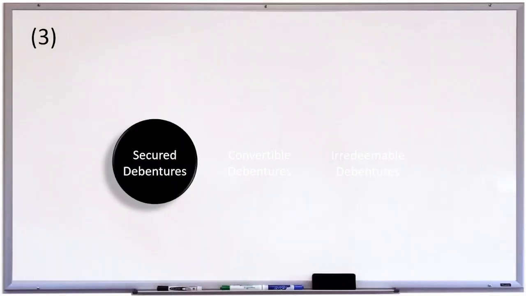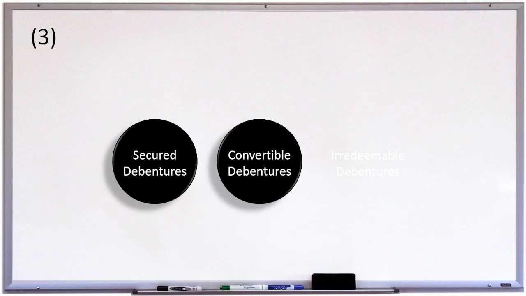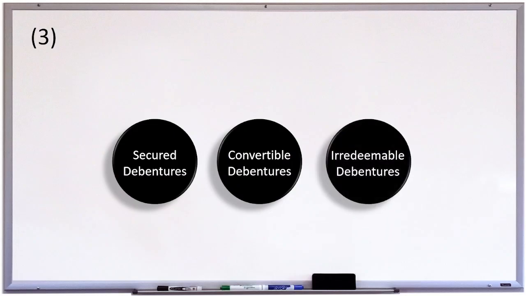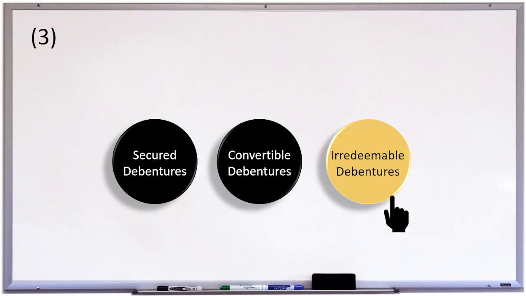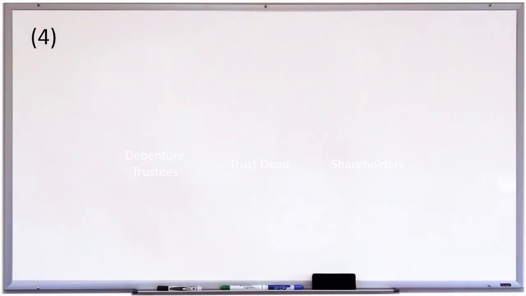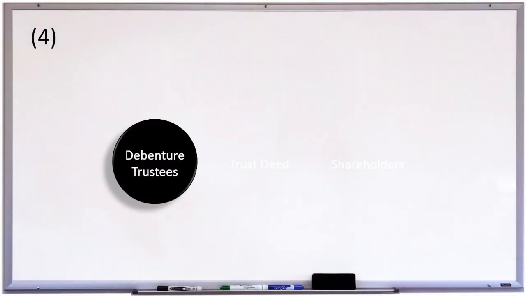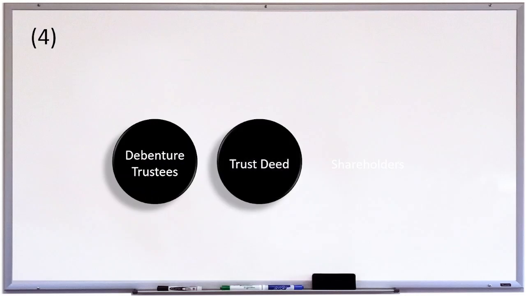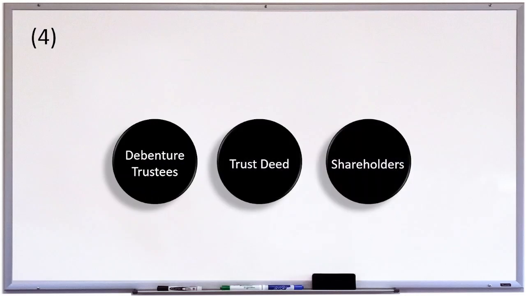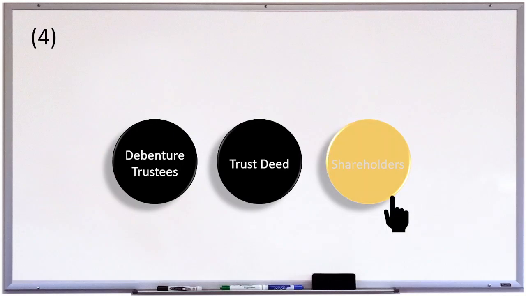Secured debentures, convertible debentures, irredeemable debentures, and the odd one is irredeemable debentures. Debenture trustees, trust deed, shareholders, and the odd one is shareholders.